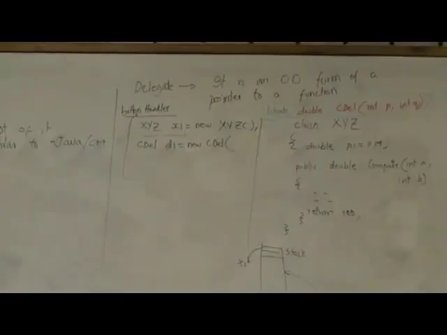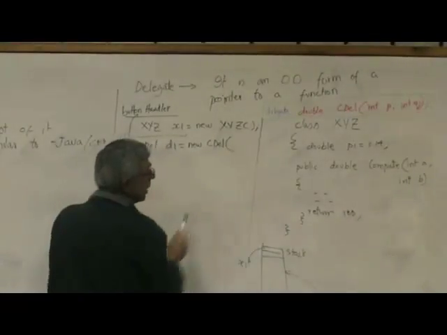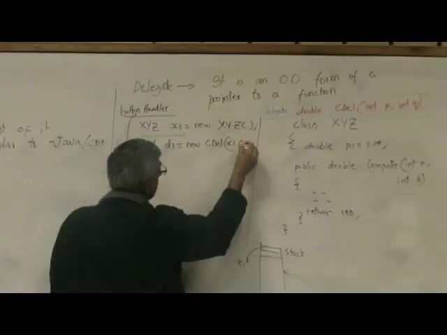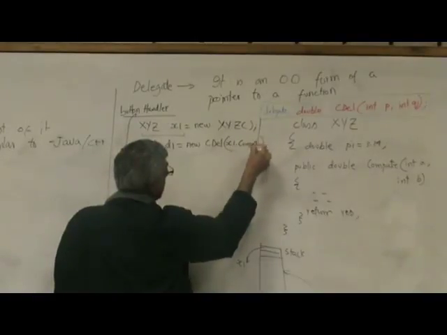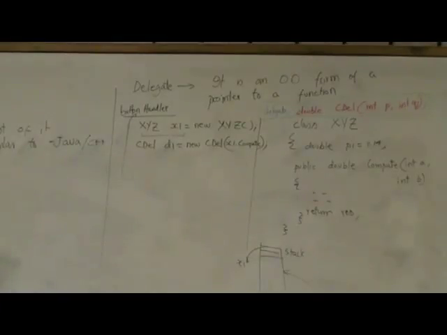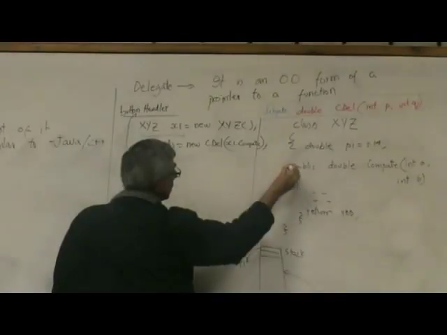You have to pick a function to point to. Since we are interested in pointing to the compute function, all you have to do is x1.compute. So as soon as we execute this line of code, what will happen? B1 is now pointing to this function.